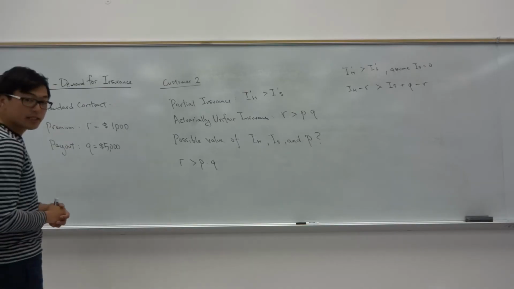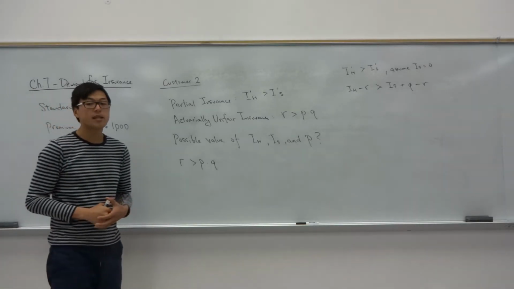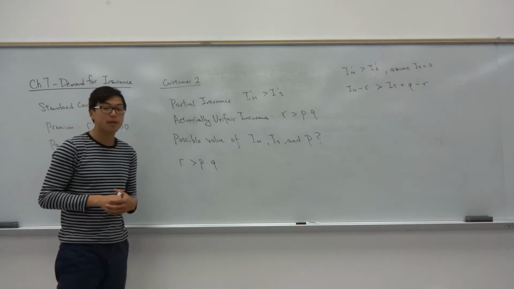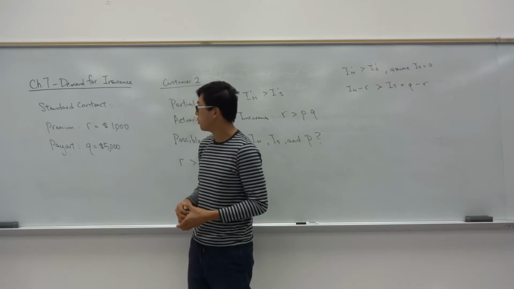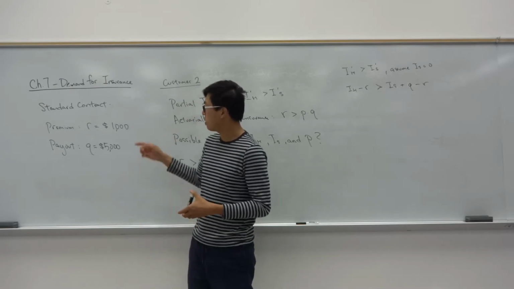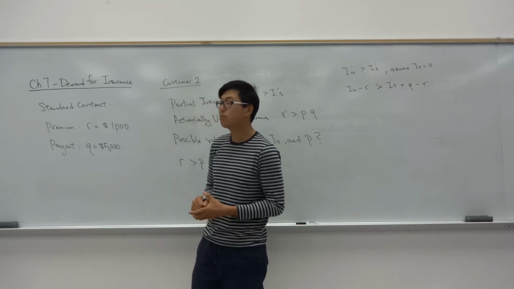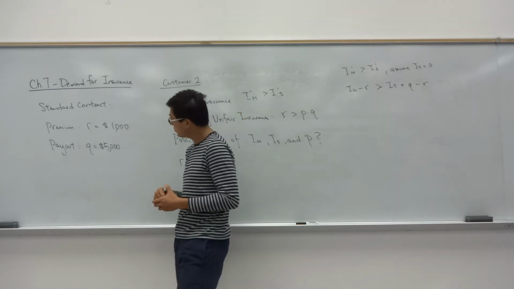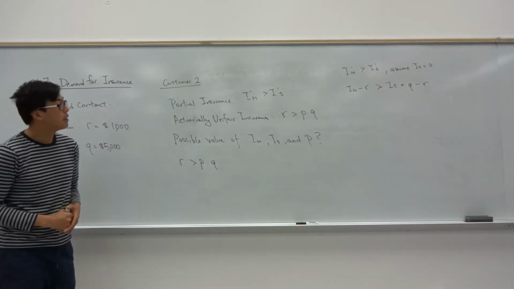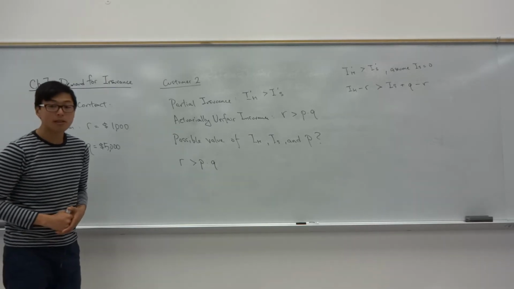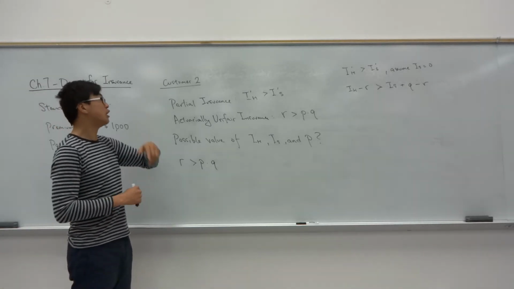So finally, let's take a look at this case here. Let's suppose we're keeping the same standard contracts, where the premium is equal to $1,000 and the payout maximum is $5,000. And we have this second customer. We are expecting this customer to buy a partial insurance.